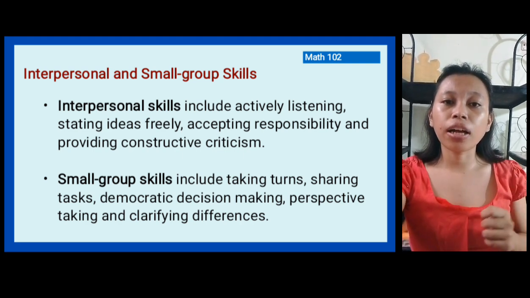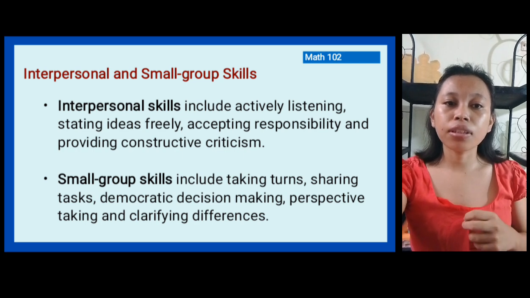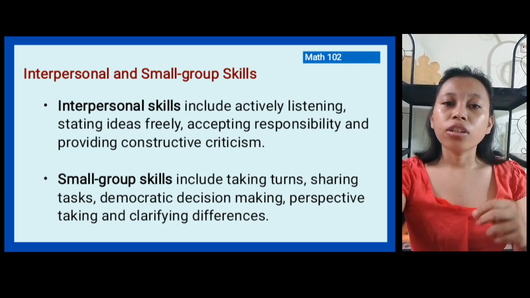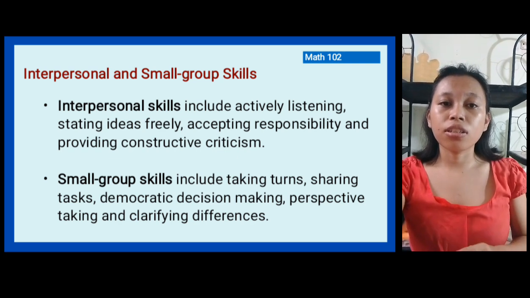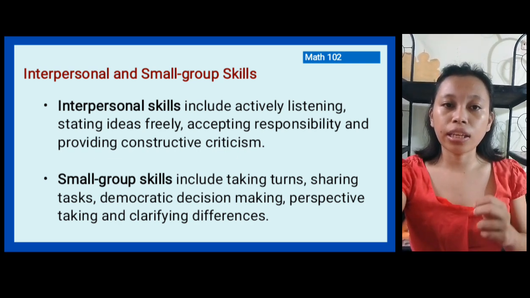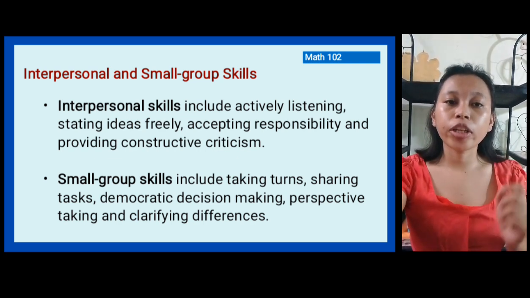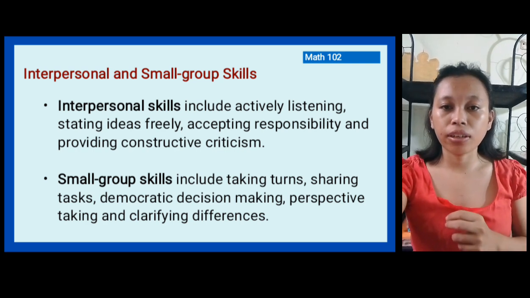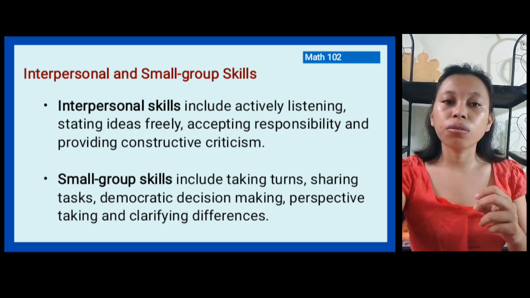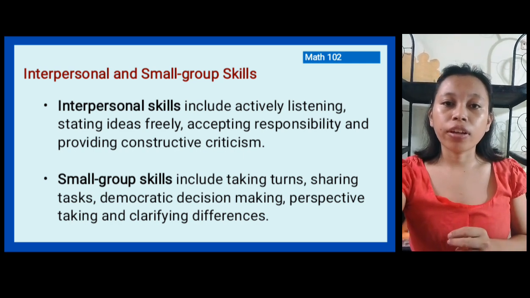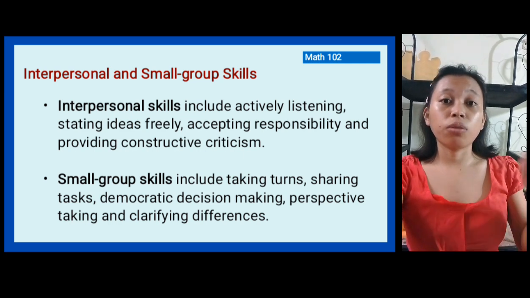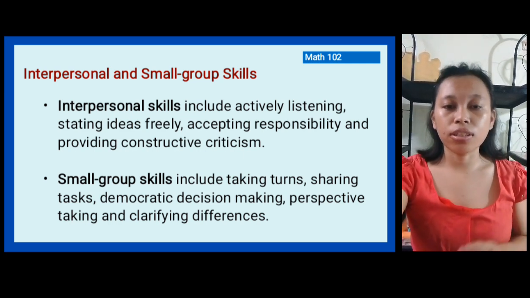Okay, in interpersonal and small group skills, students develop and practice essential social skills that are important for effective teamwork. These include communication, active listening, conflict resolution, decision making, and taking turns.